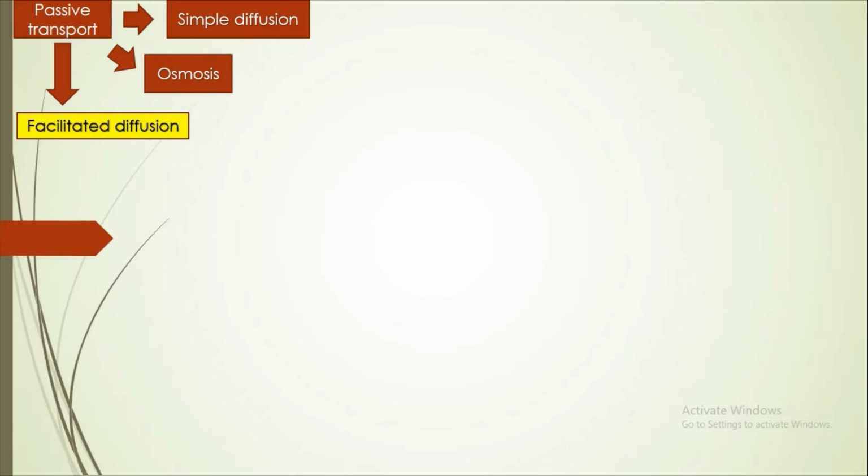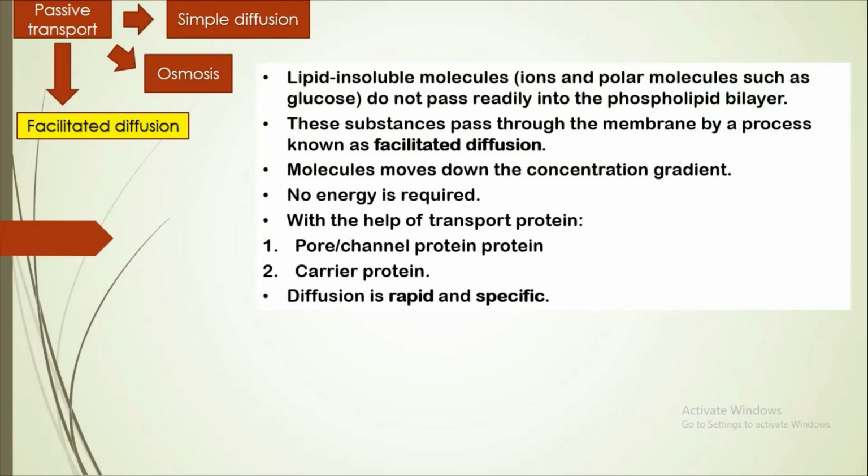Next, we will go to facilitated diffusion. Facilitated diffusion always involves lipid insoluble molecules, which do not pass readily into the phospholipid bilayer. Therefore, these substances pass through the membrane by a process known as facilitated diffusion, in which the molecules move down the concentration gradient, just like simple diffusion.